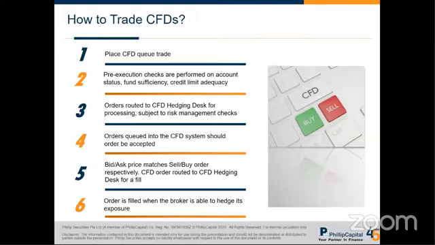Your order will be queued in the CFD system should the order be accepted. For CFD, you can queue your order, but a buy order will only be filled when the price flips to the ask side, and your sell order will only be filled when the price flips to the bid side. So bid and ask match sell and buy orders respectively. Your order is filled when the broker is able to hedge its exposure.